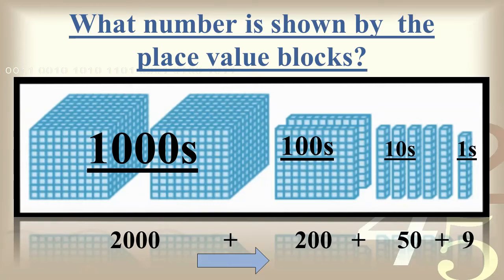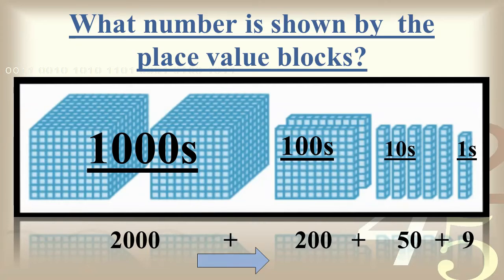Moving over, now we have these columns of 10, but it's several columns of 10 stuck together to make sort of like a slab. How many columns of 10 are in this slab? Count them.